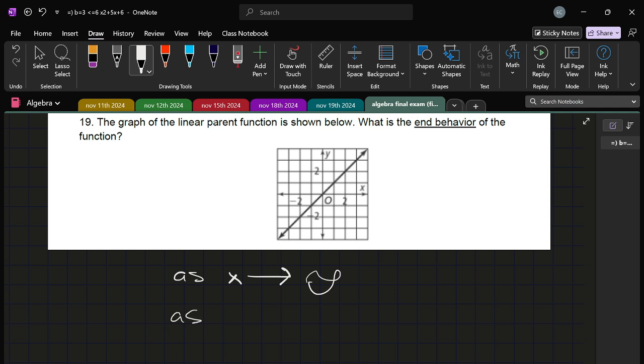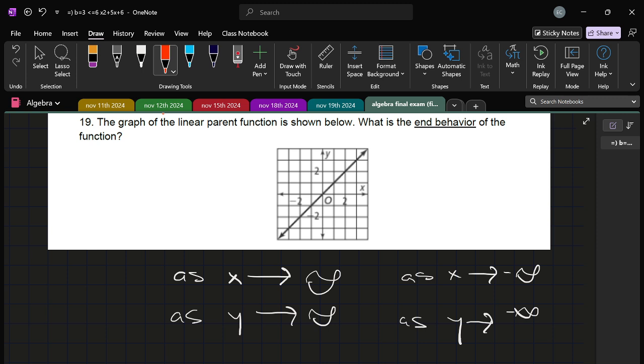And as y approaches infinity, where does it go? And then the other side is obviously as x approaches negative infinity, where does the graph go? And as y approaches negative infinity, where does the graph go?